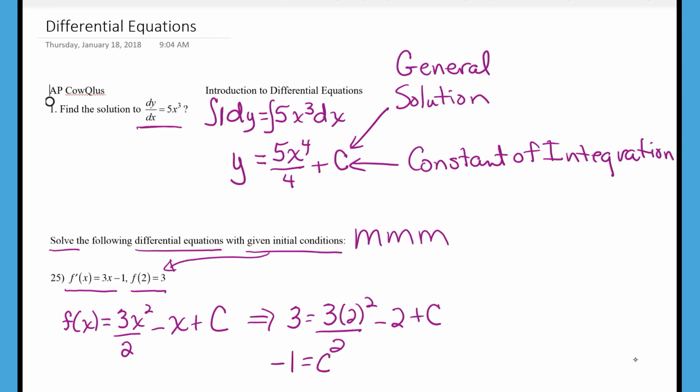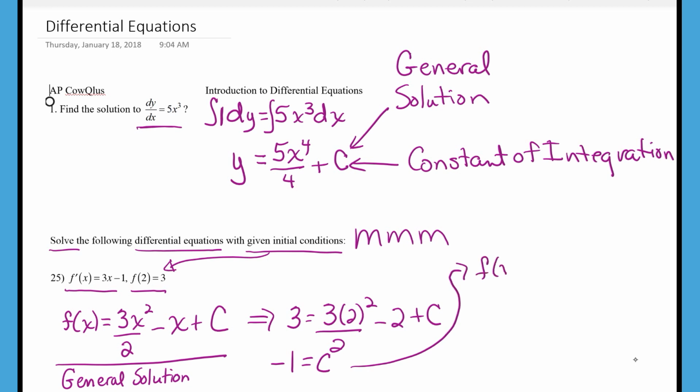This was considered the general solution, and when we put the c on it, which we're going to do here, then we know that f of x at this particular point is 3x squared over 2 minus x minus 1.